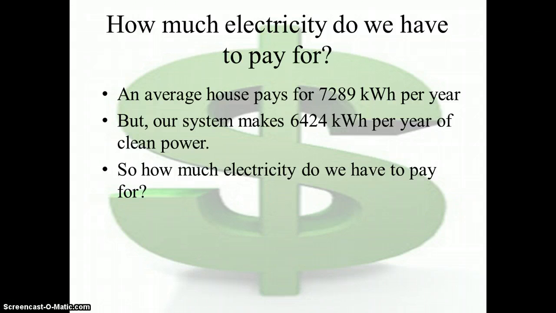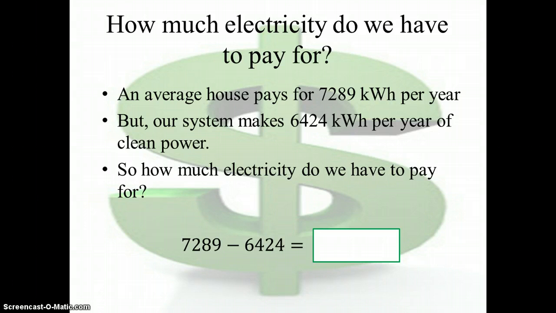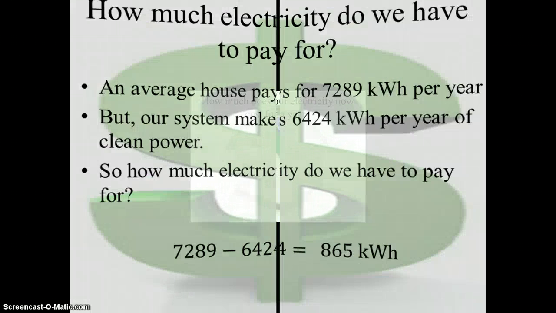So how much electricity do we have to pay for? This can be worked out without using a calculator, so pen and paper. So we need to write down 7289 and subtract 6424 from that number. So that gives us 865 kilowatts that we would need to pay for to cover the rest of the electricity.